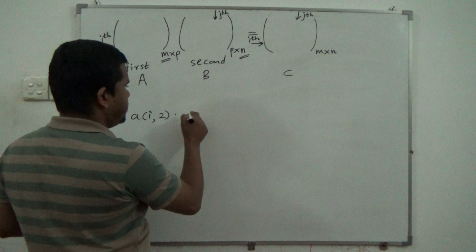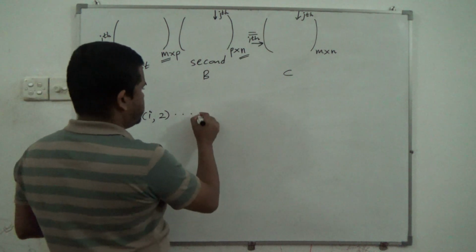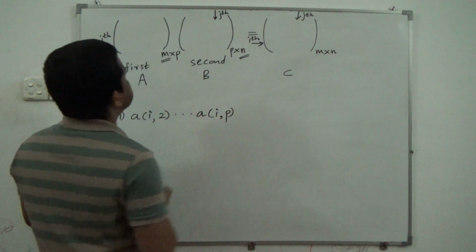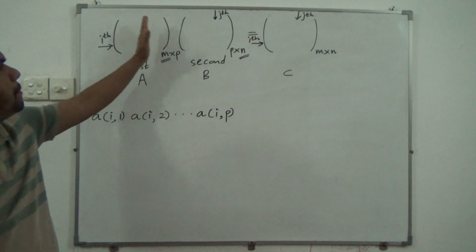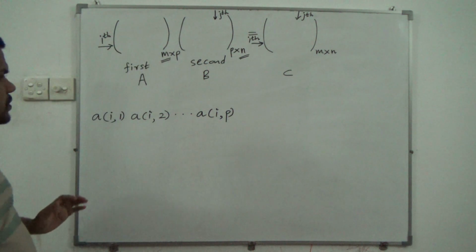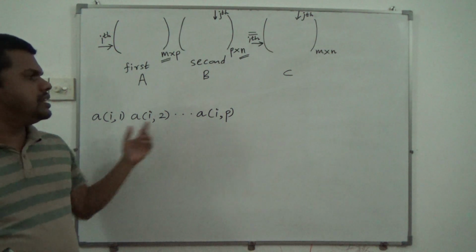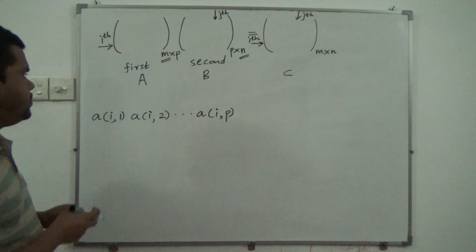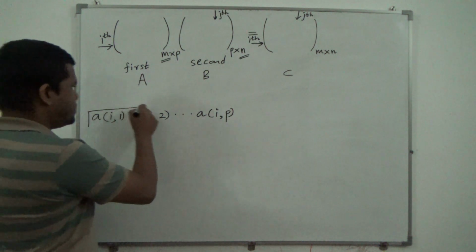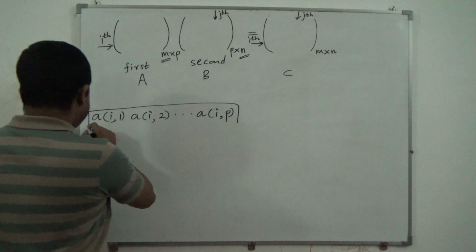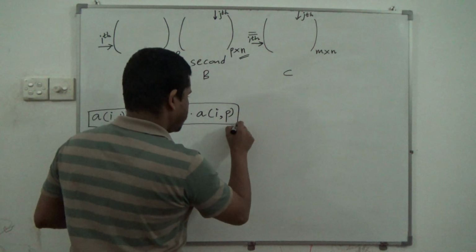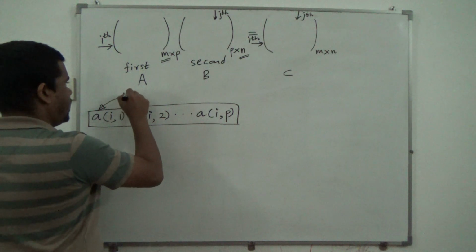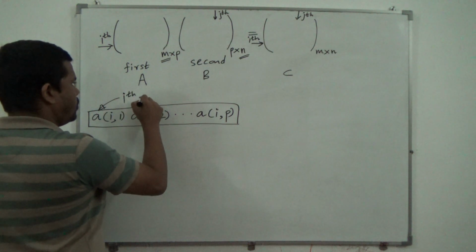In this way we have up to a i comma P. Since there are P number of columns, the number of elements in the ith row is P. This is the ith row.